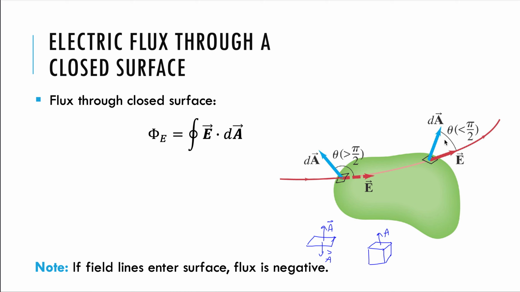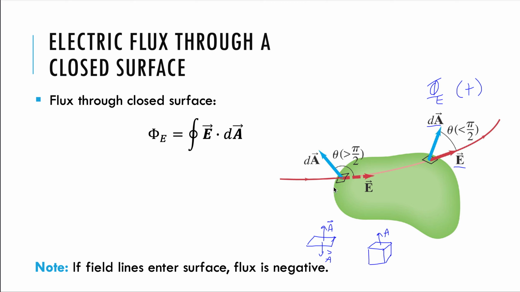So in that case, if the electric field is also leaving the surface, then the angle between dA and E is going to be less than 90 degrees, and the cosine of that angle is going to be positive. So we're going to get positive flux for the field leaving the surface.